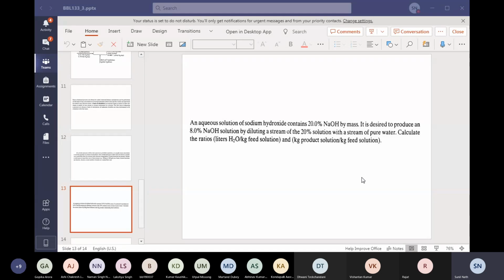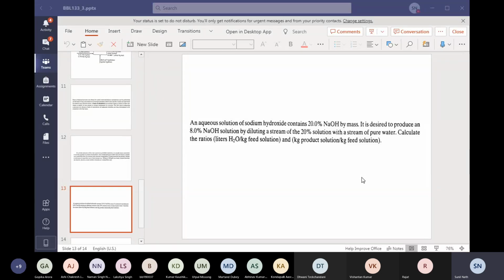So I would say that this is a simple case of a batch system with a balance on a mixing unit. So you have to choose a basis, and I suggest 100 grams of the solution that is fed into this mixer.